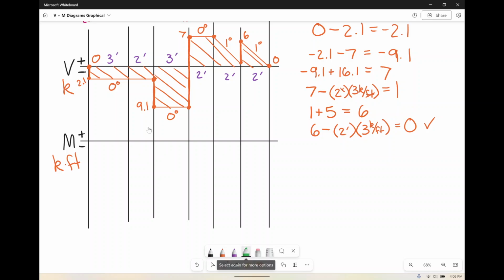Now, the only thing that should be picking your brain right now is the fact that this is all the same. So why the line? When you're actually doing this, you're thinking, okay, that's effectively turn these into distributed loads, right? Your shear diagram now becomes load, and now we're going to do the same thing for moment that we did for shear.